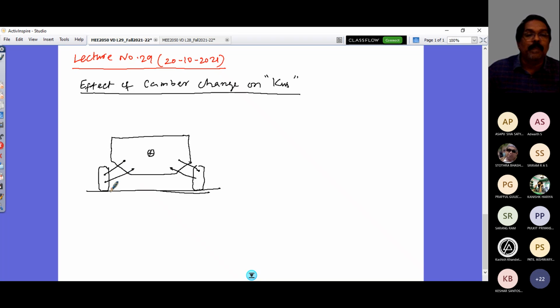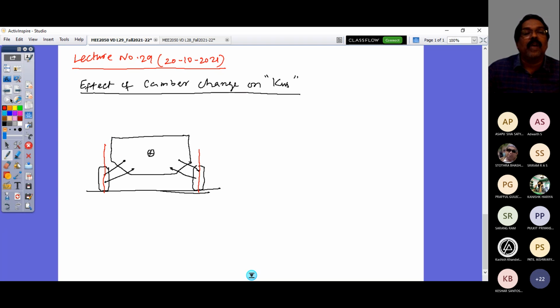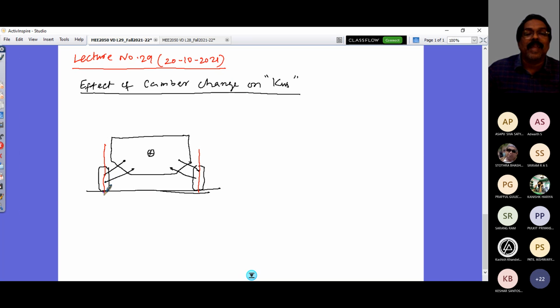So I will have my wheel plane axis. So this is the wheel plane, right? And this is the wheel plane. So if I have my axis inclination outward, this wheel plane is slightly inclined with respect to the body, because of the suspension design and so on. So that is some angle here, outward angle, some angle here, and that angle is your gamma.